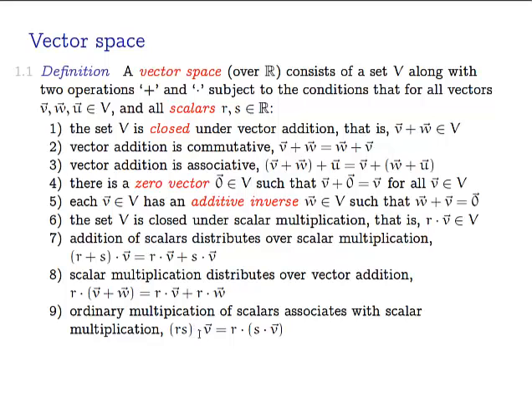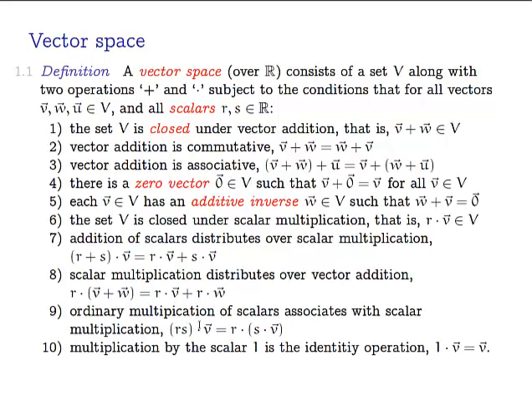This is ordinary scalar multiplication of a vector with a scalar. Dot products involve two vectors. Multiplication by the scalar 1 is the identity. If I scale a vector by 1, I get the same vector back again.